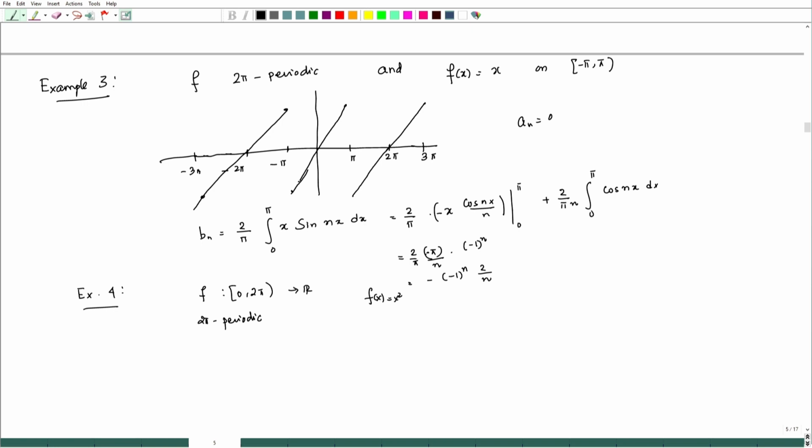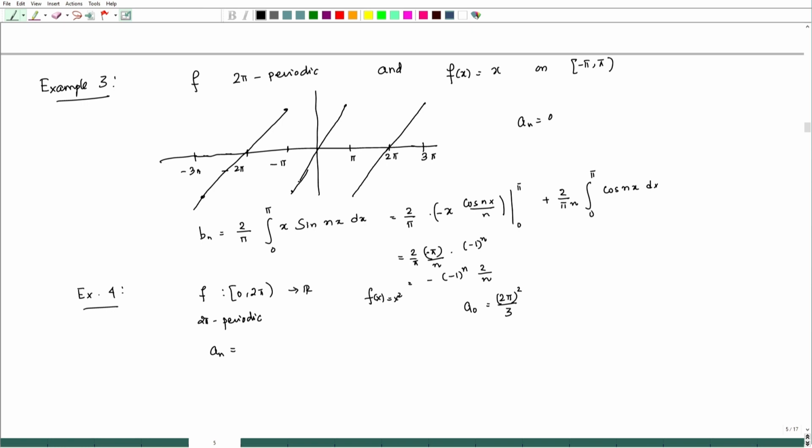As you can see, a 0, this easy computation will give you 2 pi square by 3, and then for n not equal to 0, a n from 1 to infinity.